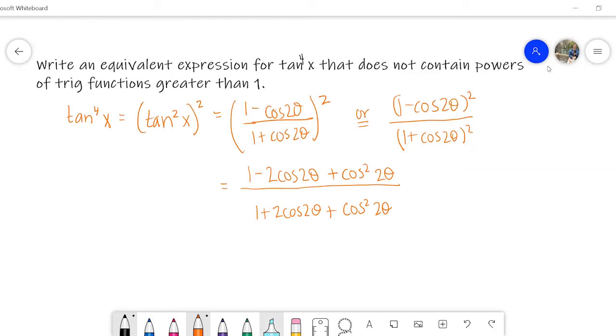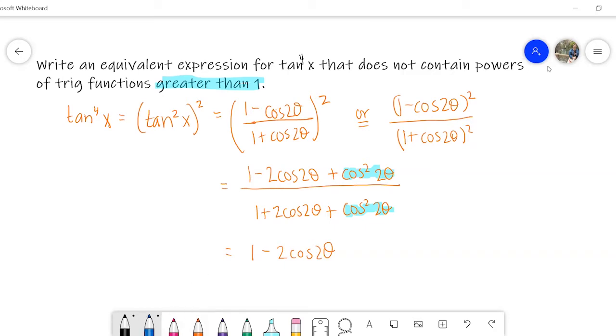Just like last time, we want to continue simplifying this as much as possible. And for us, that's going to happen with the cosine squared 2 thetas. Again, we're looking for powers smaller than 1, right? Nothing greater than 1. So we'll substitute again, this time with 2 cosine 2 theta.